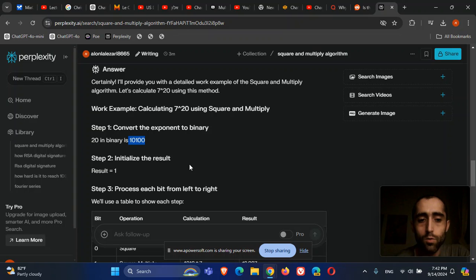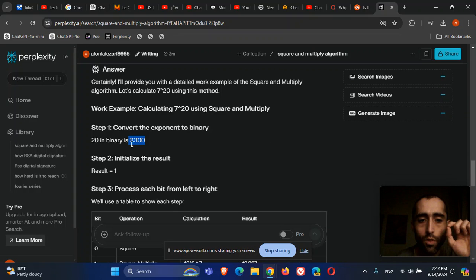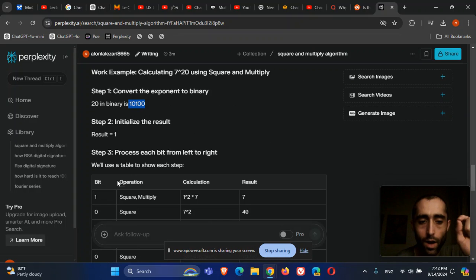Now, how will I do the exponentiation? I will use this binary representation right over here, 10100. Whenever there is a 1, I will square and multiply the number. And whenever there is a 0, I will just square the number.